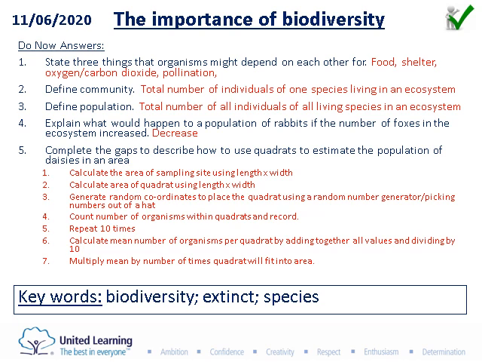Repeat that 10 times, and then you calculate the mean number of organisms per quadrat. So if you're looking at clovers, for example, you're looking at the mean number per quadrat, and you've got that by adding together all the values, and then you divide them by 10.